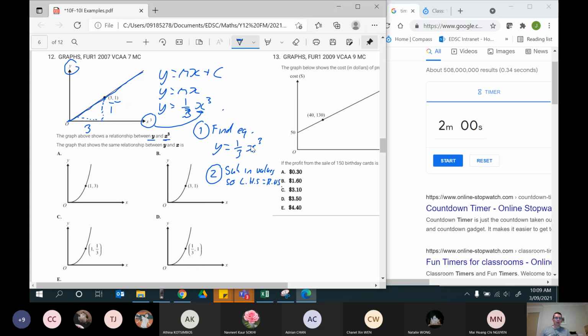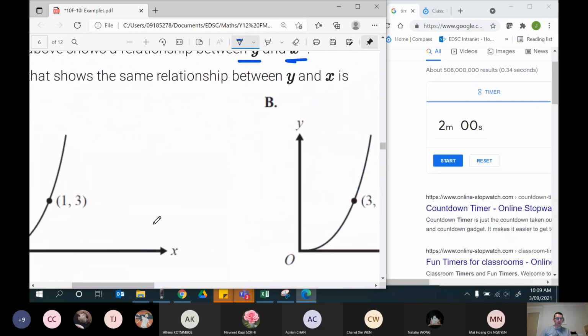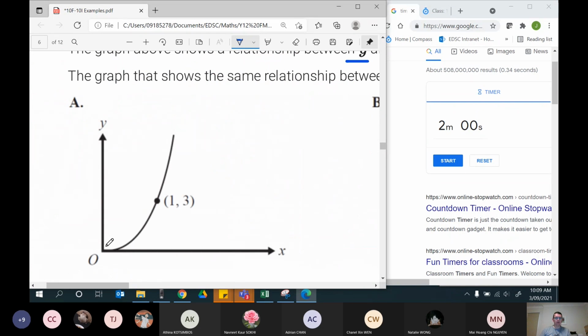Okay. Let's look at this one. So we know it's a third x cubed, so we've got y equals a third x cubed. What values am I going to substitute in here? We've got 1 and 3, right? So what's this going to read as the equation?